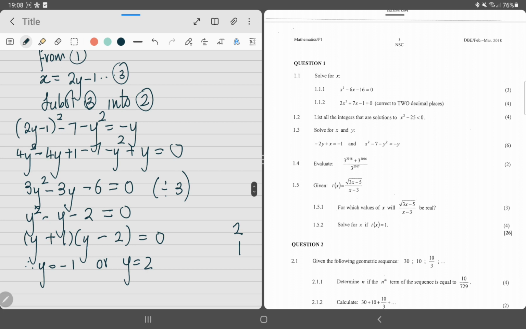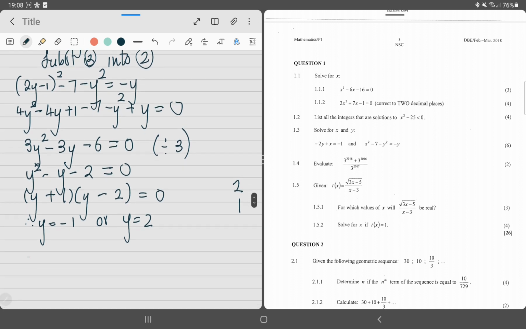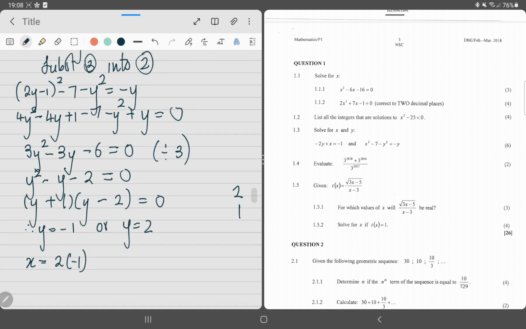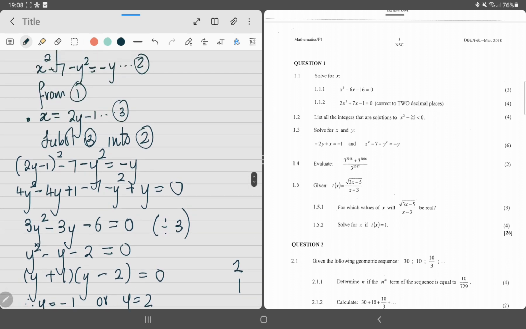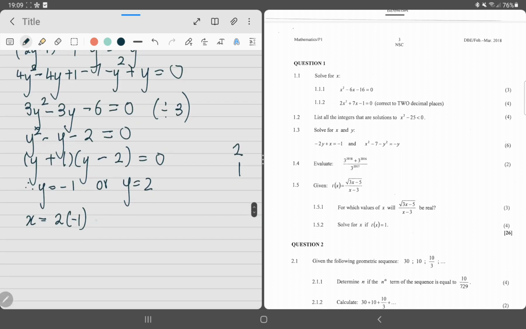And then I'm going to substitute y into 3. So x is equal to 2 into negative 1. You remember, this is our 3, minus 1. Or x should be equal to 2 into 2 minus 1. So that's a minus 3, and that's a 3.